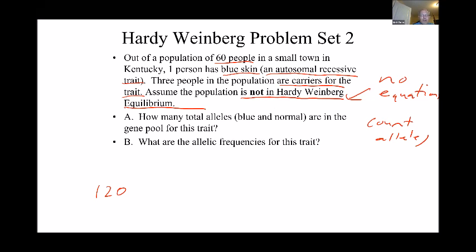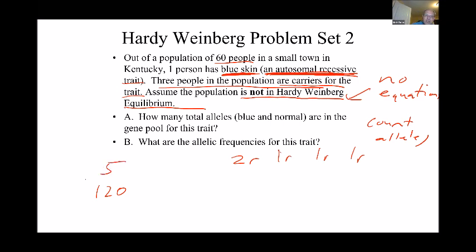Out of that 120, this person has blue skin, which is autosomal recessive, which means this person has to have 2 recessive alleles. We'll just call those little r's right now. And these individuals that are carriers, they have to have 1 recessive apiece. So if you add those up, that's 5 total recessive alleles.